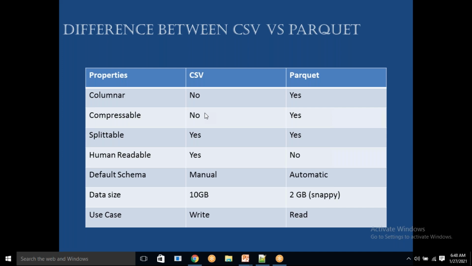Right. One more question, Malaya. So when you say that for the write case we use CSV, what does that mean, that on a CSV file format you can write faster than Parquet? Example, let's say your company is trying to put more data into some search engine.